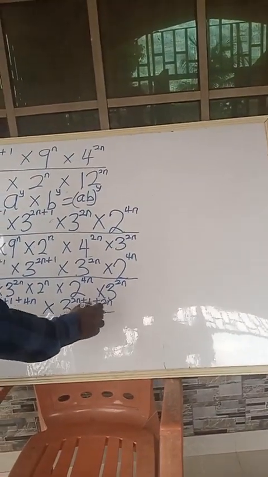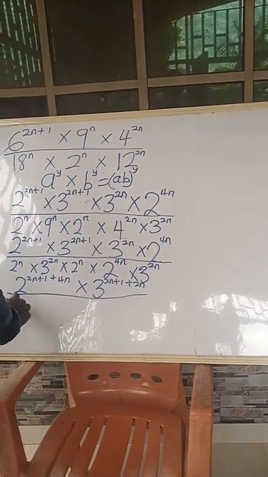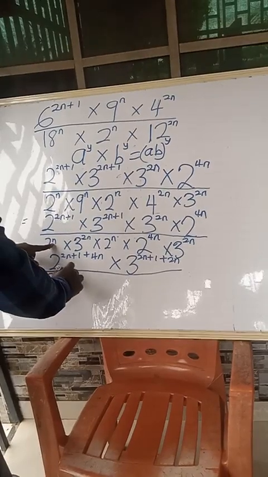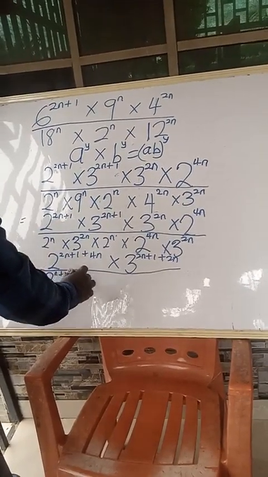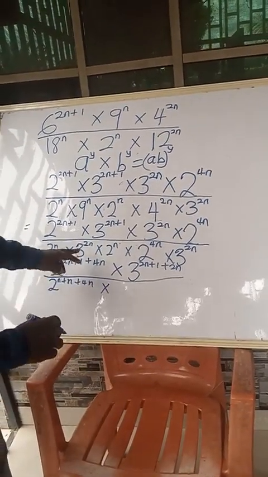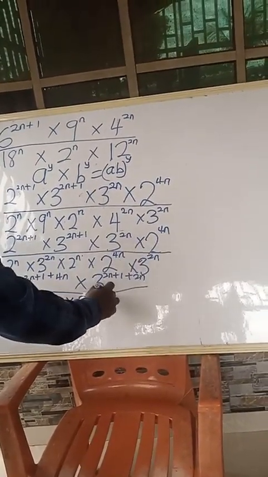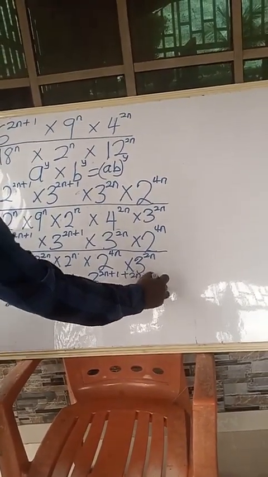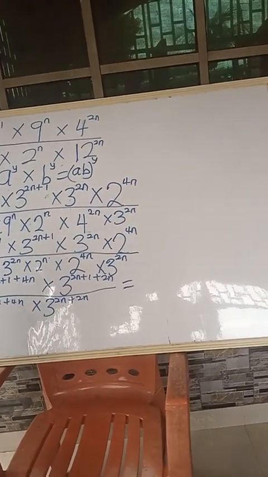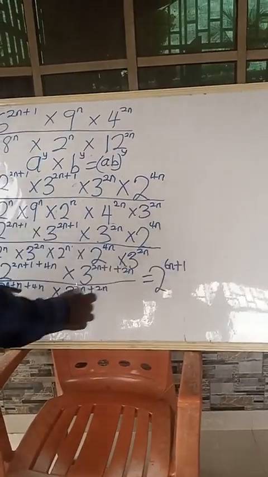Then all over. So for all 2's here, they are going to express this as 2 raised to power n plus this n plus this 4n, according to the law of indices, because they are of the same base. Then times the 3, that's 3 raised to power 2n plus this 2n. So now I want to add these powers: 2n plus 4n, that is 6n, and this becomes 2 raised to power 6n plus 1.